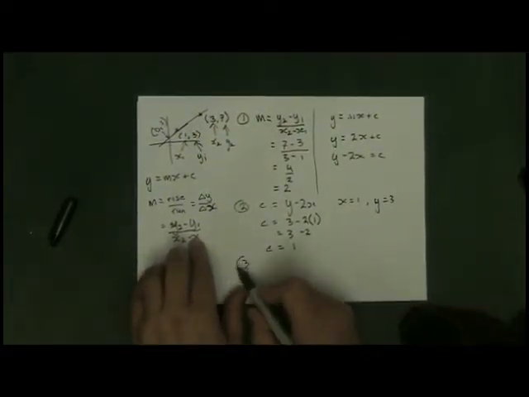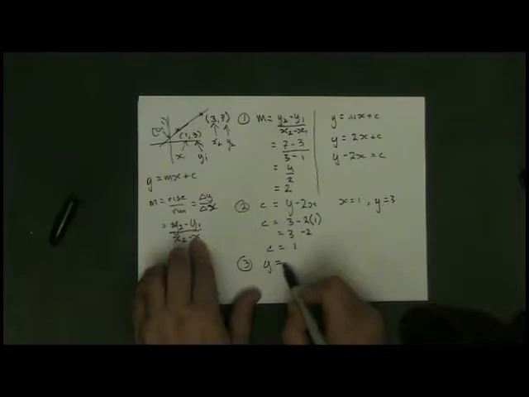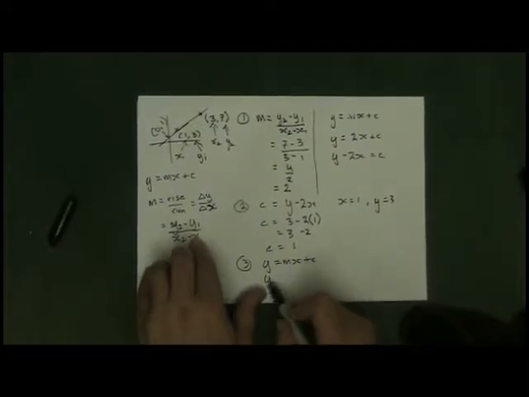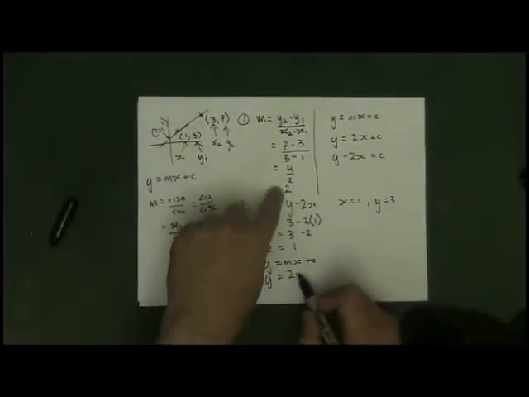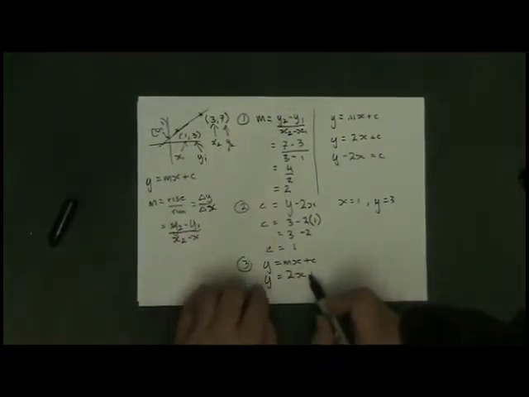So now we write out the equation in full. y is equal to mx plus c. So y is equal to, we figured out m is 2, 2x plus 1. So when you're doing this, we break this up into 2 steps, or 3 steps actually.